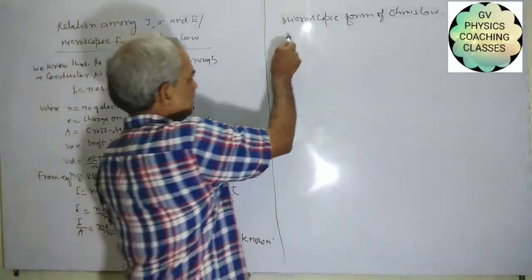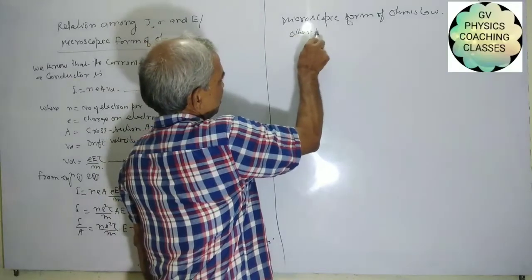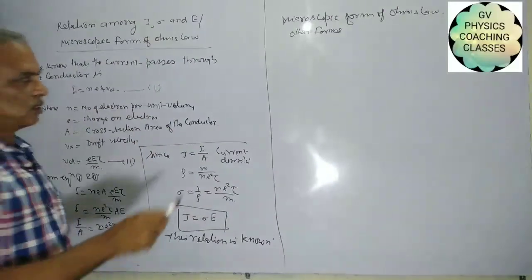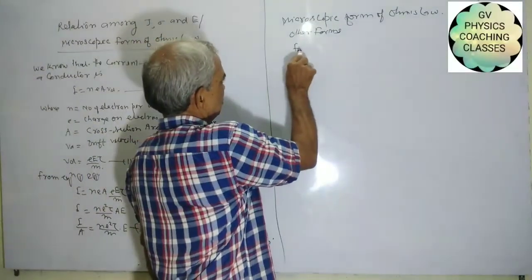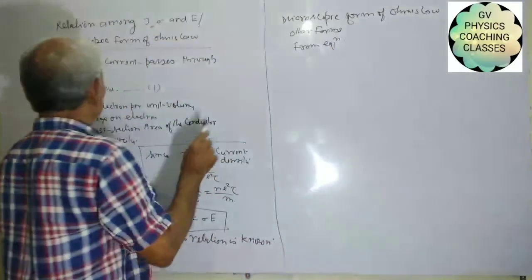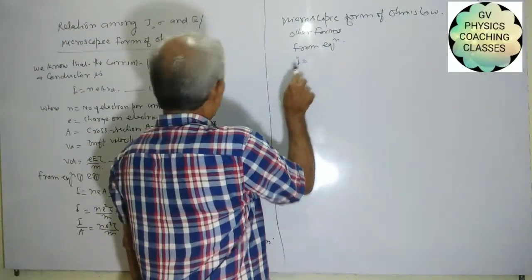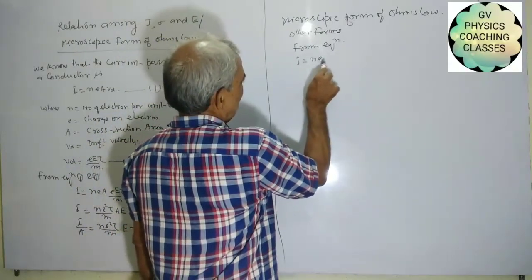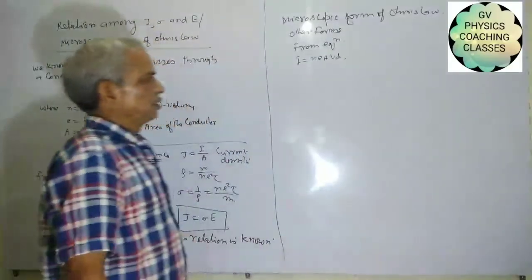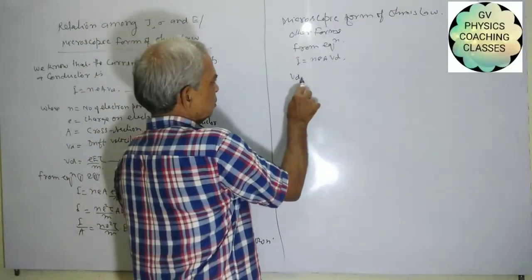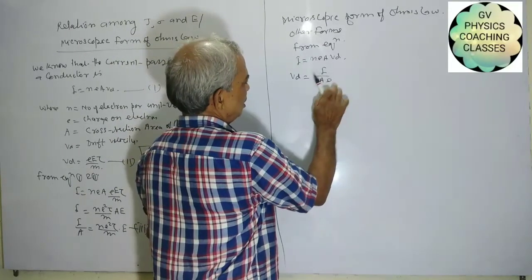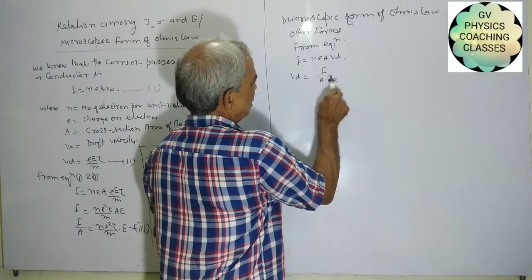Other forms. From equation first, I equal to n e A Vd and Vd equal to I upon A n e.